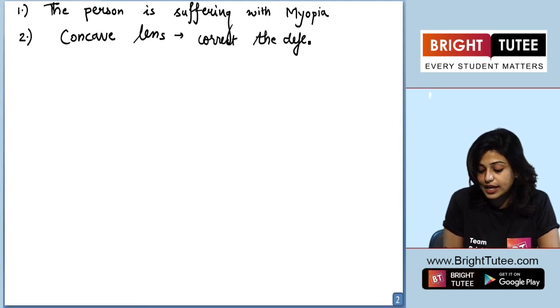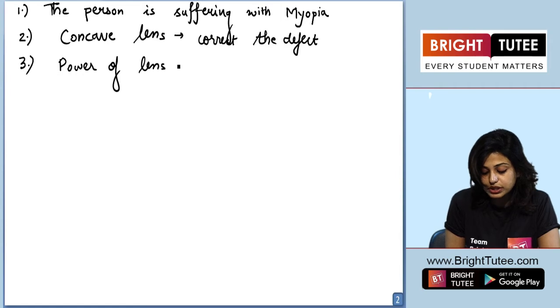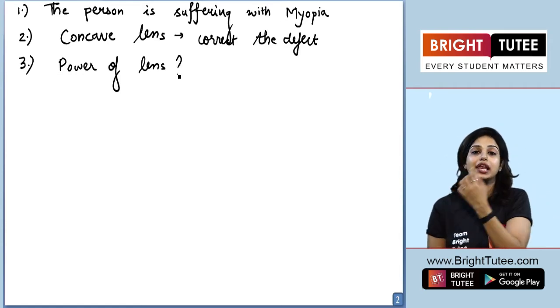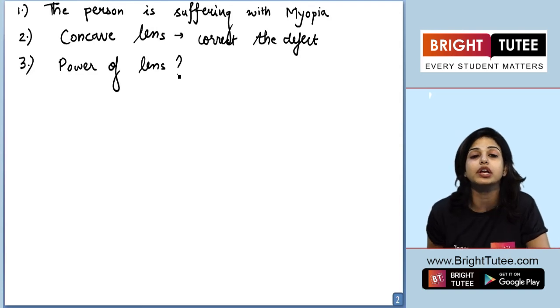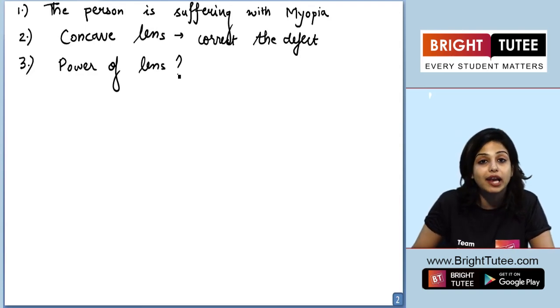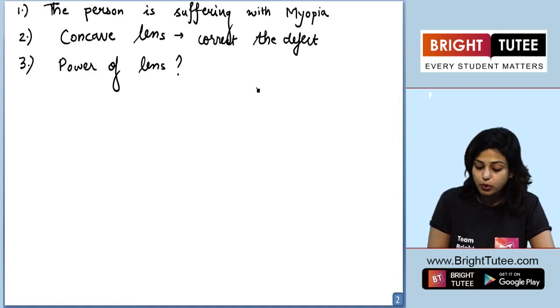Right? Then comes what is the power of the lens. Right? Now students, to find out the power of the lens, we have to use the prior knowledge we learnt in the previous chapter of light. Right? What was that information students? Number 1, the lens formula.